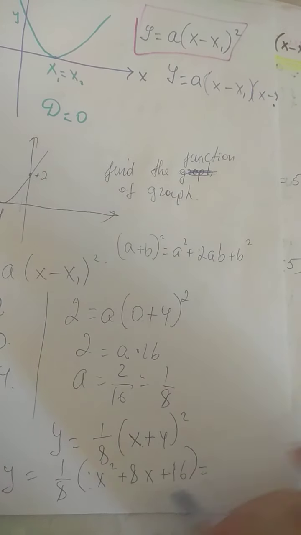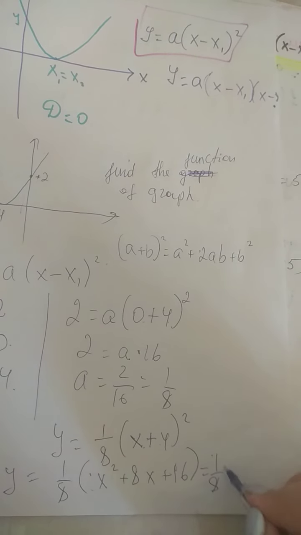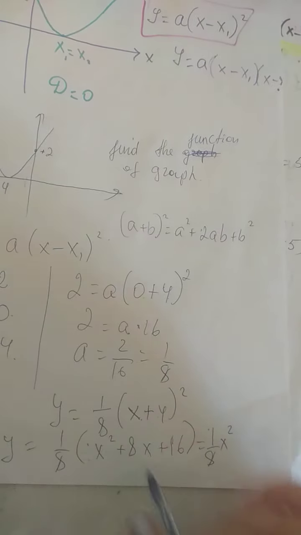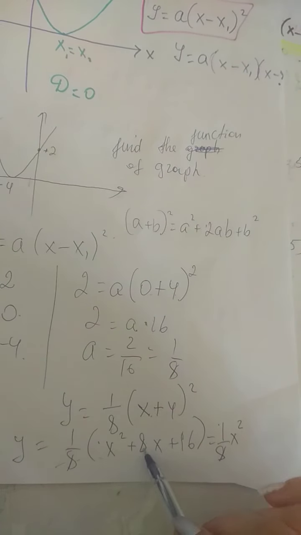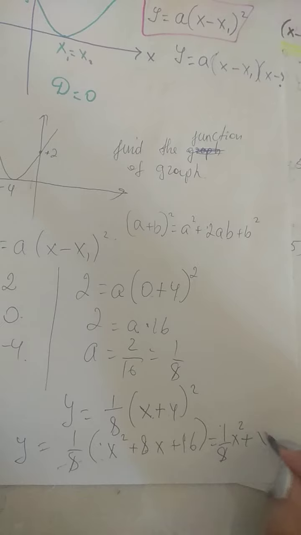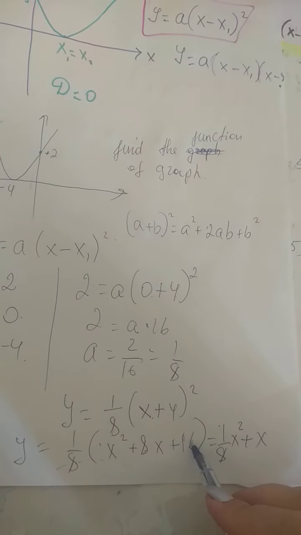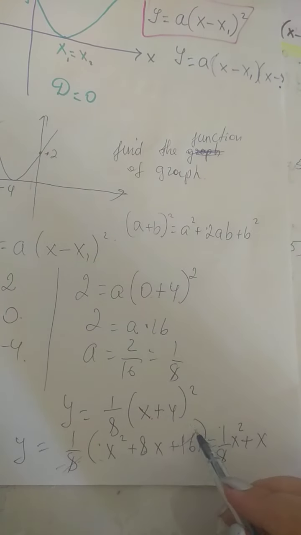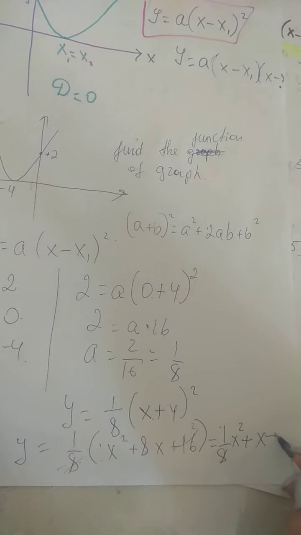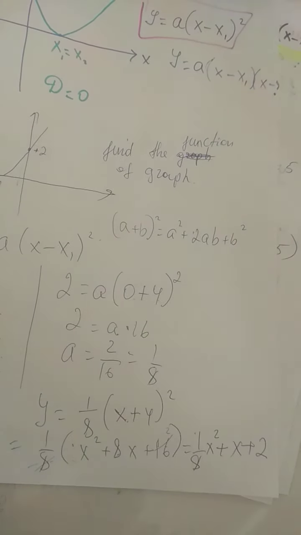Then simplify. 1 over 8 multiplied by this gives 1 over 8 x squared. 1 over 8 multiplied by 8x, we just cancel out 8 with this 8, so it's plus x. And 1 over 8 multiplied by 16, 16 and 8 cancel out 2 times. Then plus 2.